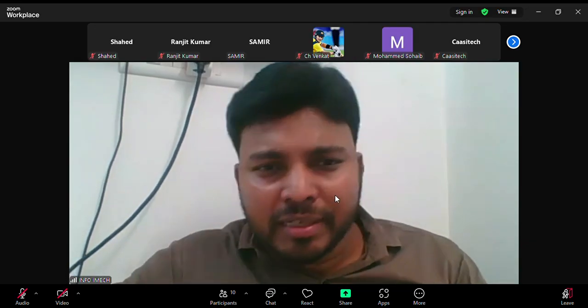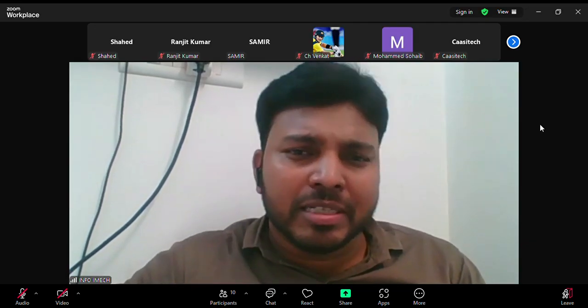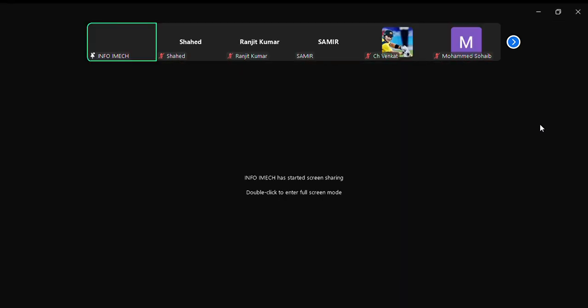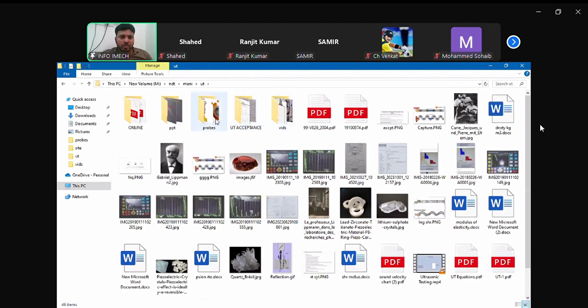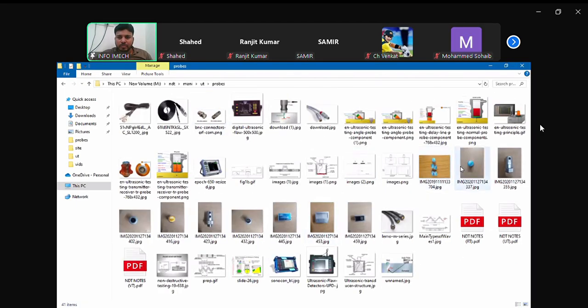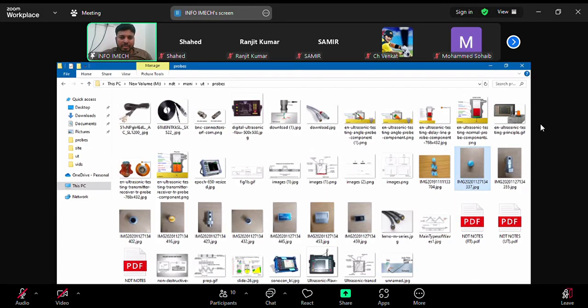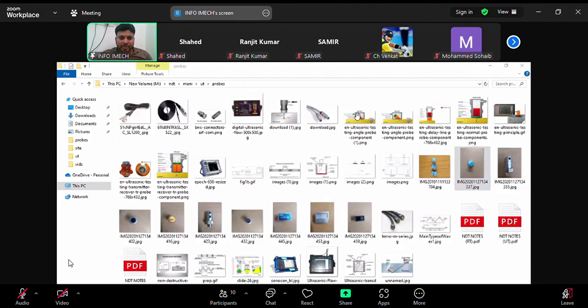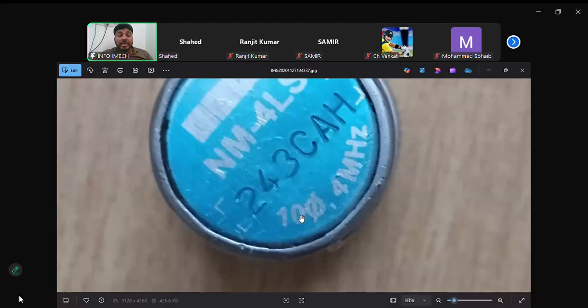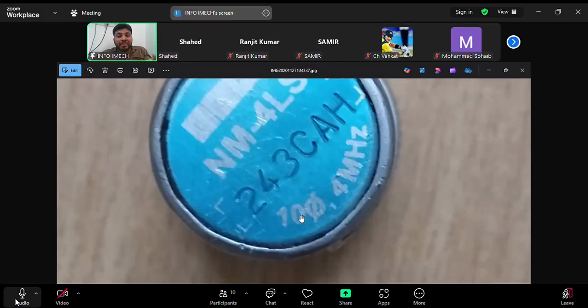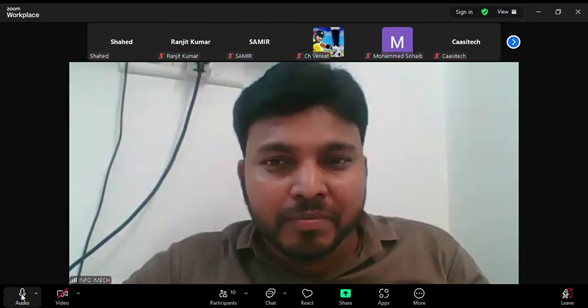Generally, your probe has a diameter, which will be mentioned on the probe. See here, probe diameter or crystal diameter will be mentioned on the probe. I'll show you once. What is the diameter of this crystal? 10 mm.